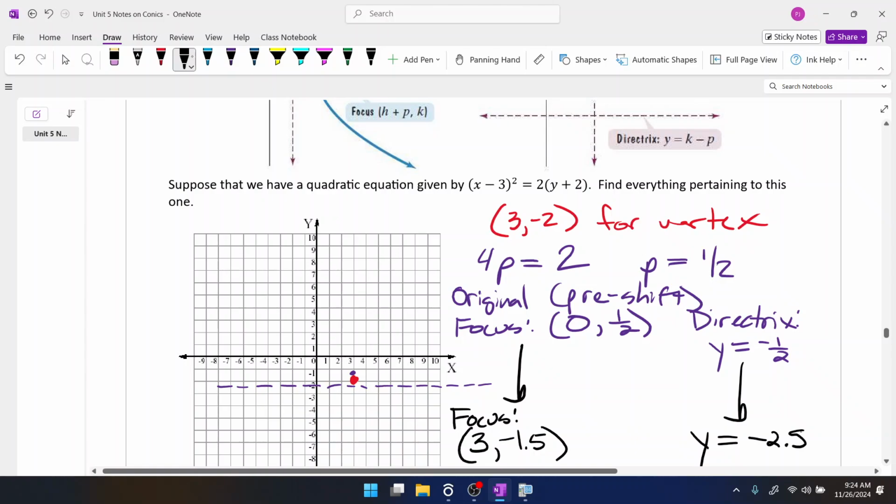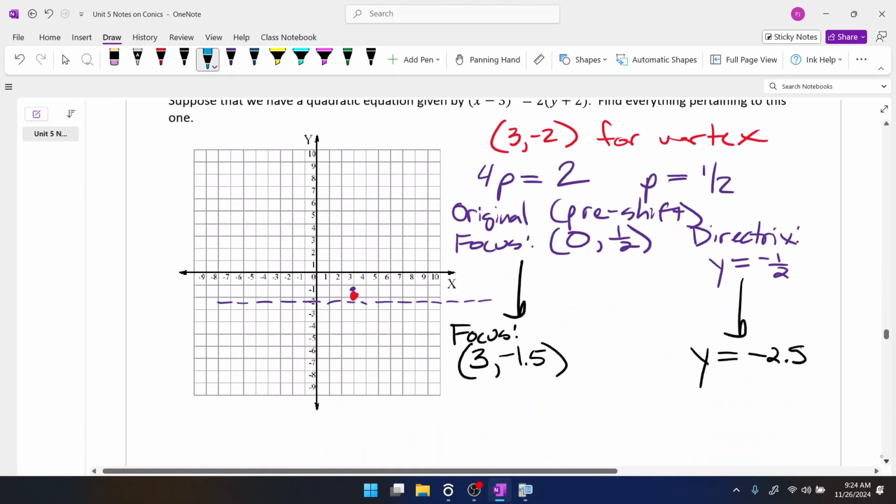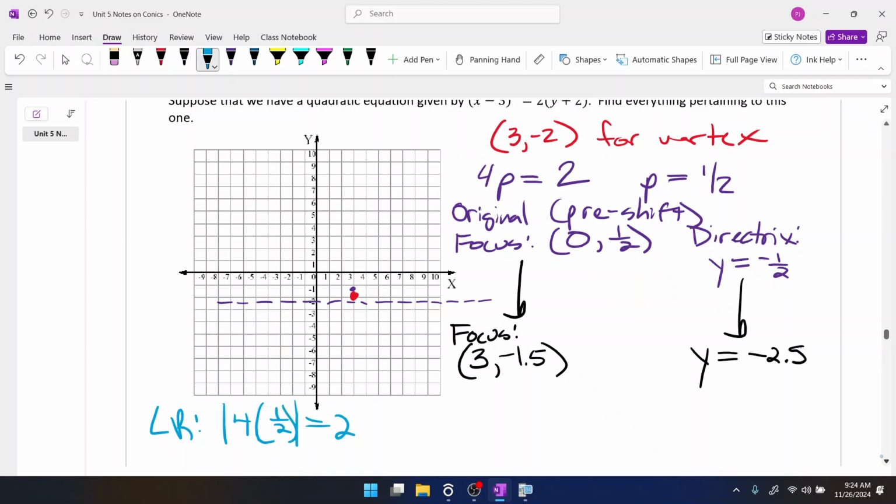Now, how about the length of our latus rectum? It's going to be absolute value of 4 times 1/2, which is simply 2. Now, remember, the latus rectum goes through the focus. So 1/2 of 2 is 1.